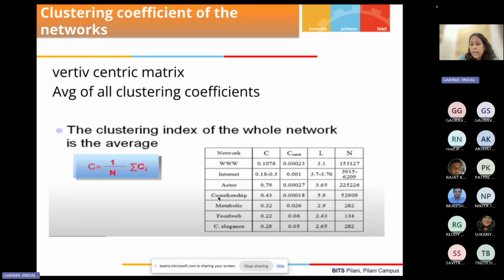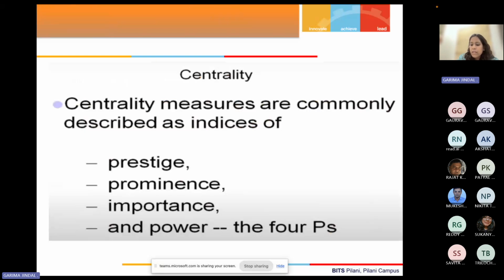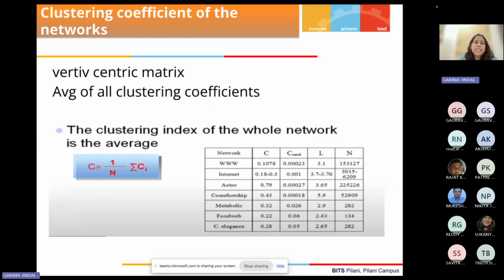So the clustering coefficient was used to study different types of networks. Here we saw that the clustering coefficient for these particular networks was low, but there is a slightly interesting pattern we can see here. The co-authorship network, which I have already explained, is a social network.